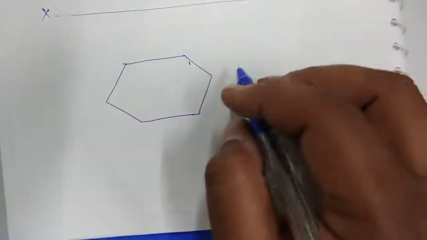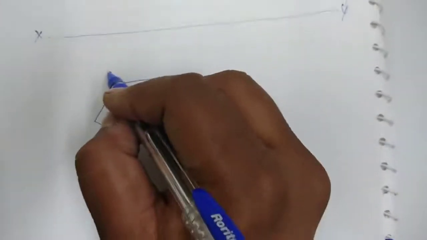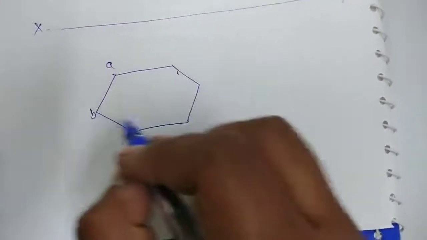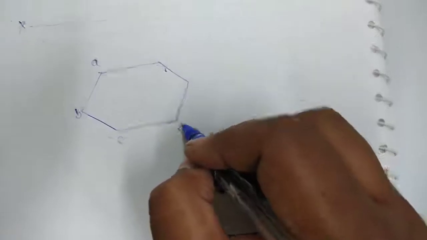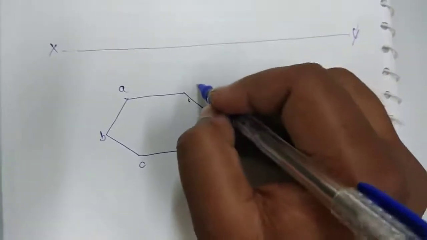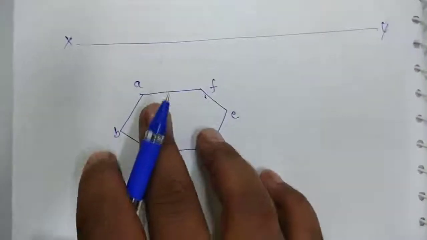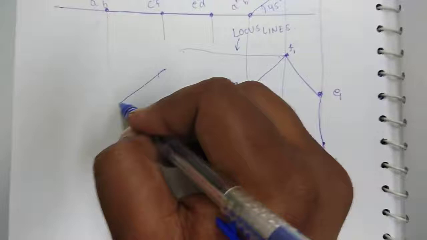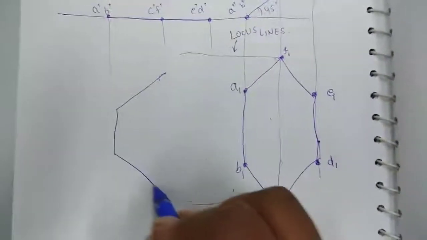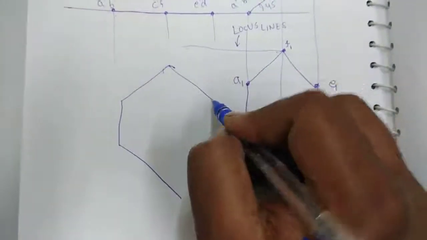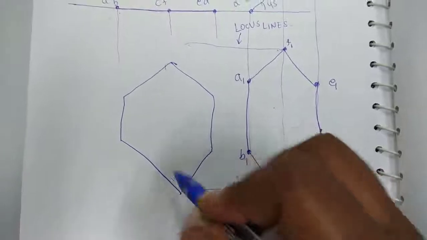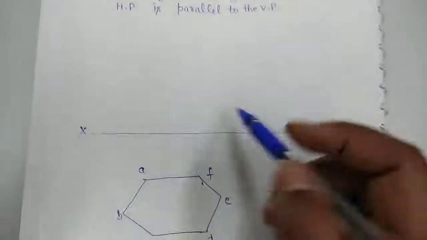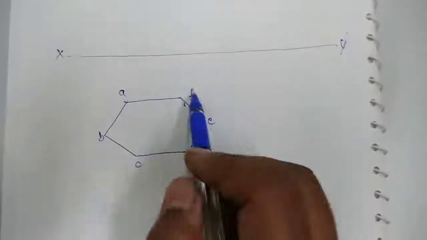Now we can name it A, B, C, D, E, F. This is different from the last question because in the last question the edge was on the HP. So that question was like this. But in this question the edge is not on the HP, the corner is on the HP.